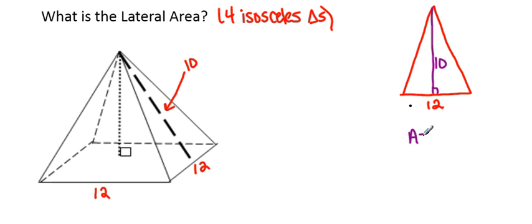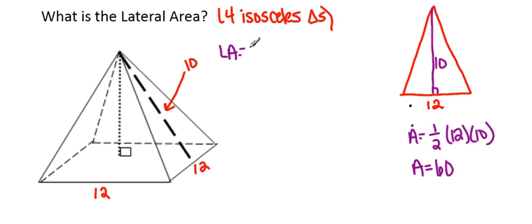So it's a fairly easy process to find the area of each one of those triangles. A half times 12 times 10, or 60 square units. So we have 4 of them that each measure 60 square units, making our lateral area 240 square units.